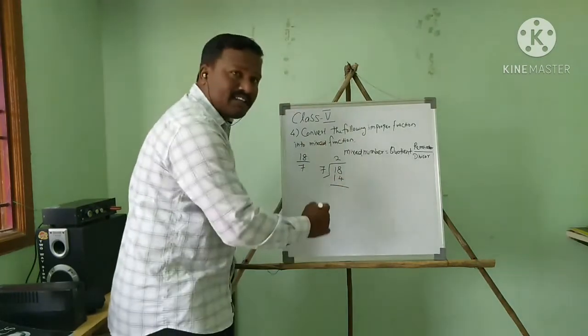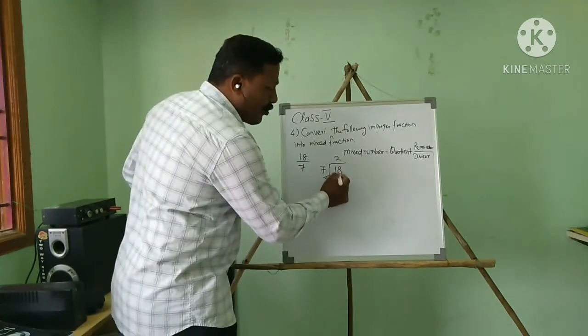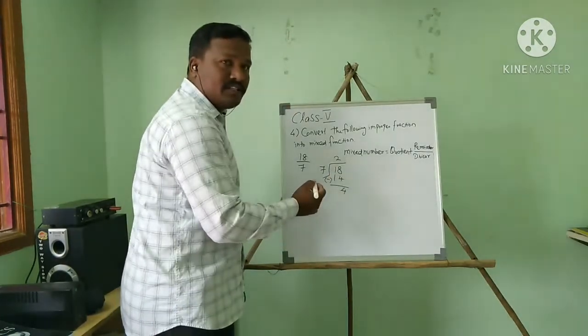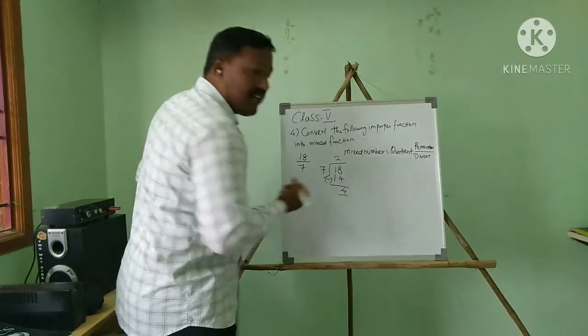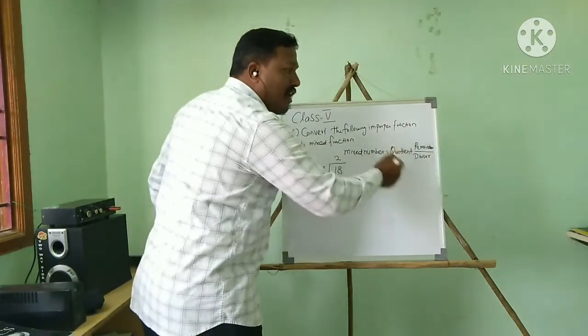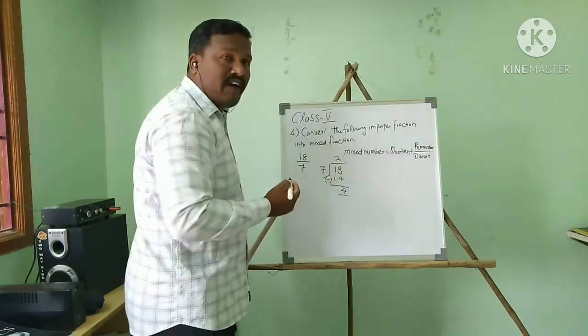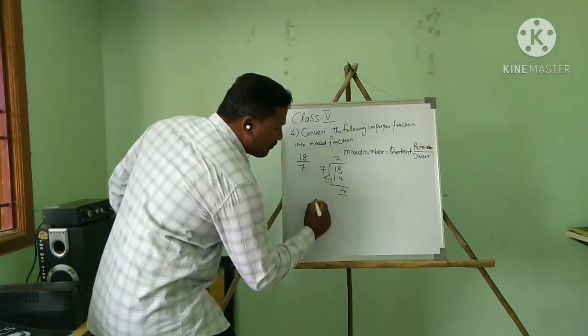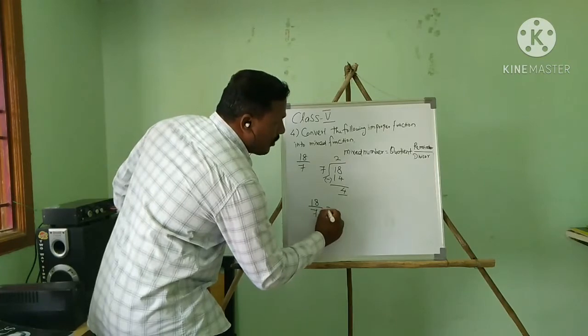Now we have to subtract, you know very well. 14. 8 minus 4 is 4. 1 minus 1 is 0. So 4 is the remainder. Now use this formula. We have to substitute the values like this. See, mixed number: 18 by 7 is equal to quotient.